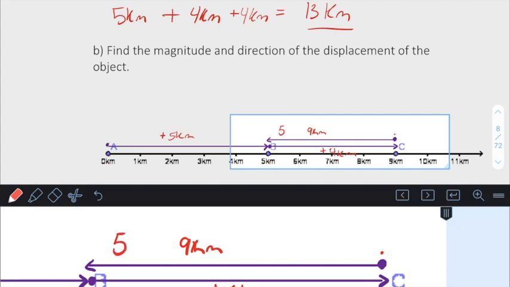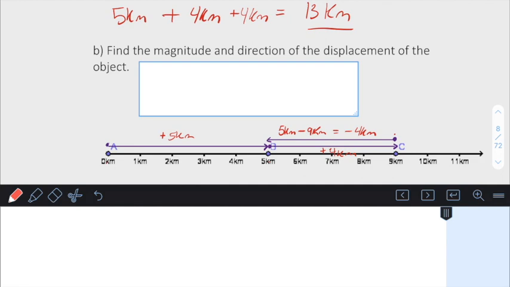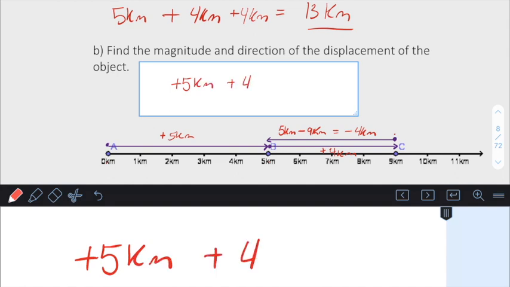And we always do end point minus origin point. So end minus origin would give us negative 4 kilometers. And here the negative and the positive work as our directional component. And so we end up with a positive movement, another positive movement, and then also one negative motion.